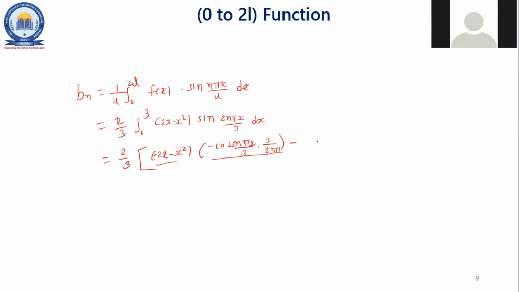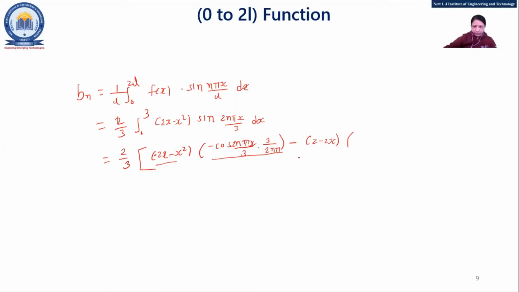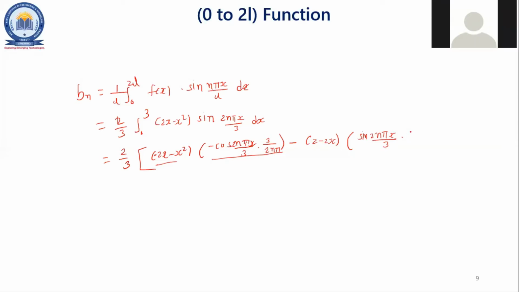Sorry, second term. 2 minus 2x, into sine 2n pi x by 3, into 9 upon 4 n square pi square.